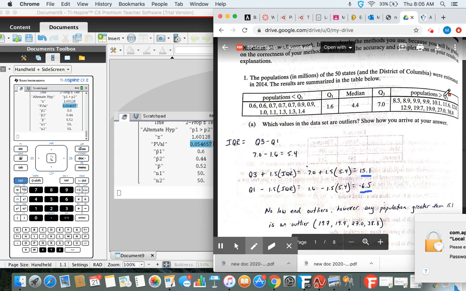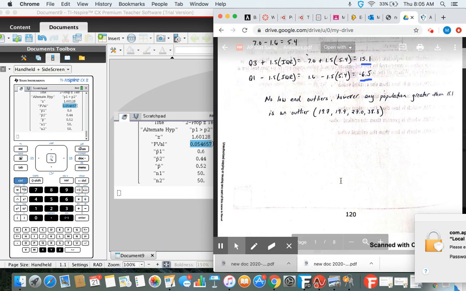So the populations that were above the third quartile, anything above 15.1, so these four, the last four, all would be considered outliers in this data set. So there's nothing on the low end. However, all populations greater than 15.1, which in this case are 19.7, 19.9, 27, and 38.8, were all in fact outliers.